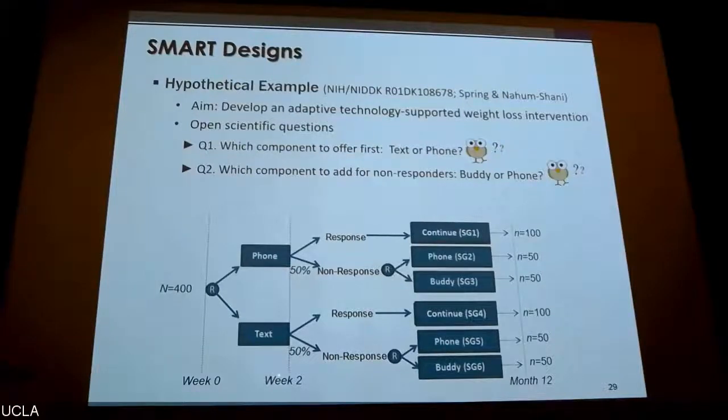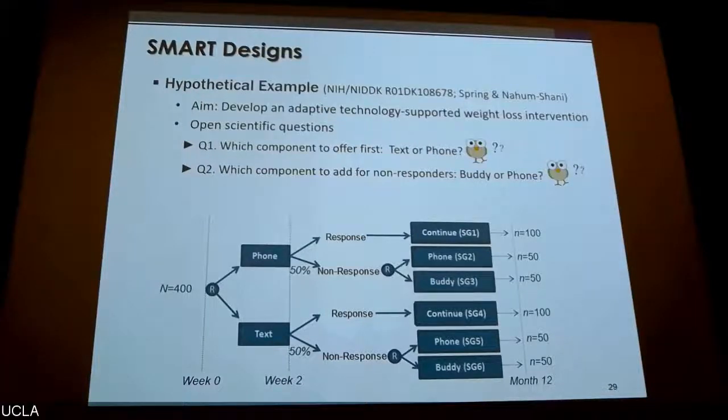That's the second decision point for which I had a scientific question that I needed to answer. That's why you have 2 stages of randomization, because we're trying to develop an adaptive intervention, and we want to answer questions about an adaptive intervention in which you have 2 decision points, right? Does it make sense? Okay. That's the distribution of participants that you're going to have, assuming that 50% are going to become non-responders.